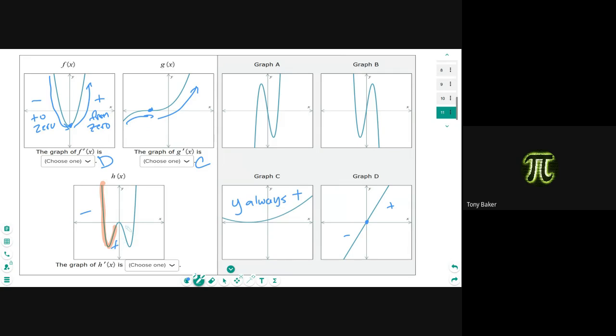And then it goes negative. And then the last part over here is positive. So on the left side of the graph, it's going to go from negative to positive, right? Which one of A or B on the left side goes from negative to positive? A, right here, negative. At that point there, it becomes positive.